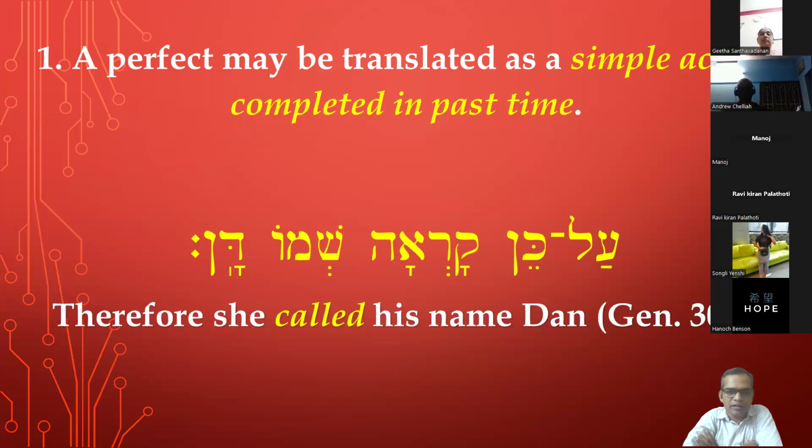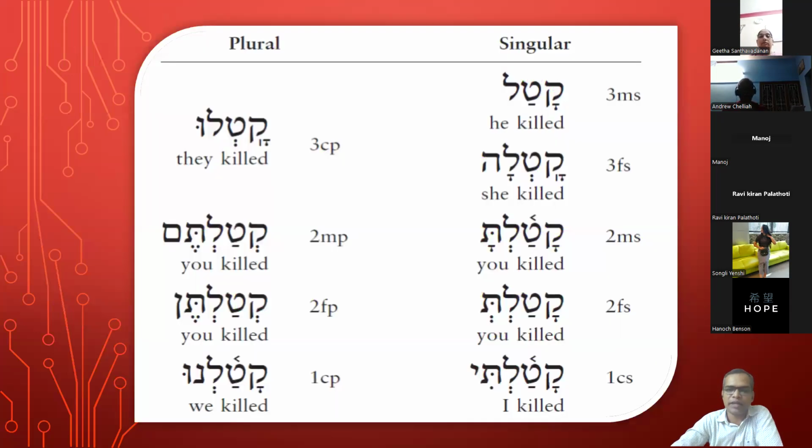So Davis, can you trace out which one is the verb here? Go ahead, please. Qara, okay. So when I come across this one, then I go back to this paradigm and remember: katal, katla, katalta.